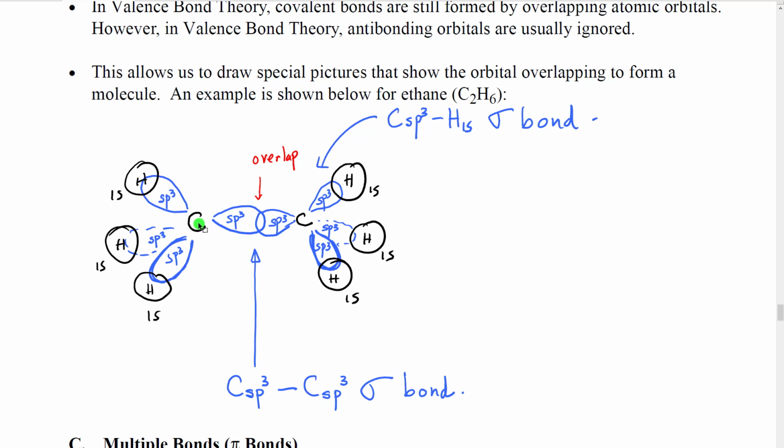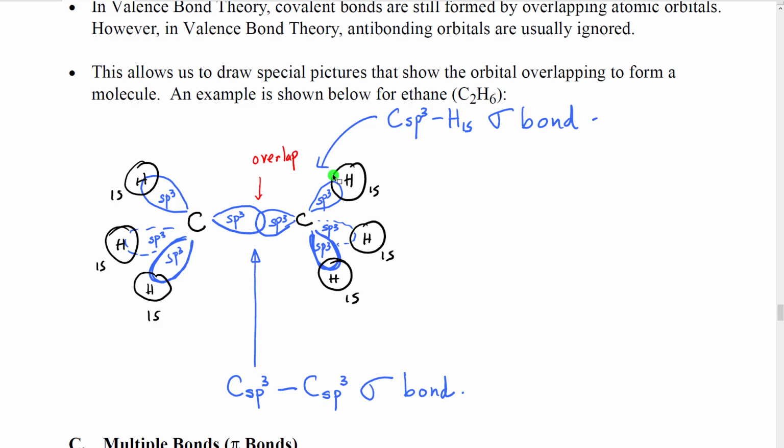A sigma bond is arranged directly on the axis between the 2 atoms, and it's actually symmetric. You can turn around 360 degrees around this bond and it always looks the same. We say it's cylindrically symmetric around that axis. That's a sigma bond. All of the electron density lies on that axis, or is centered on that axis.